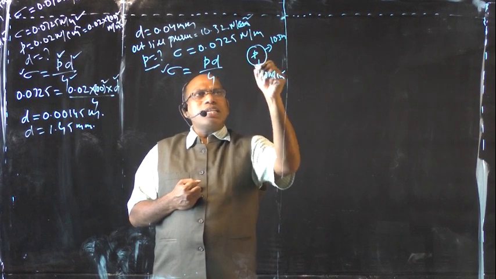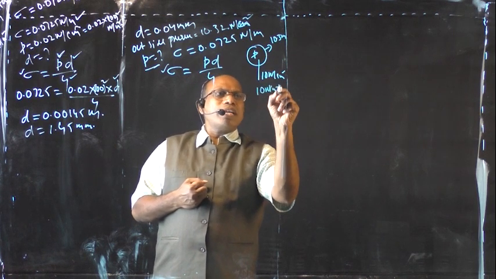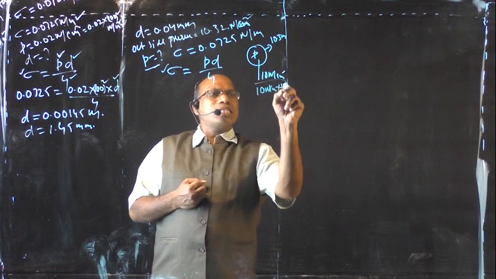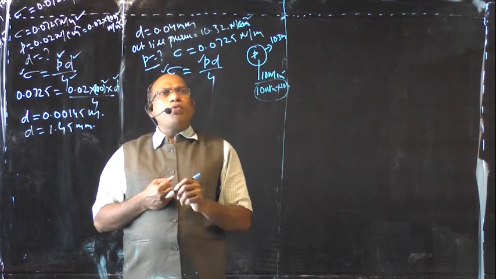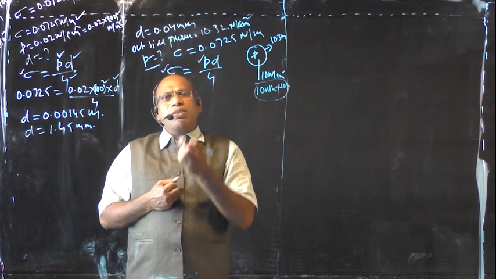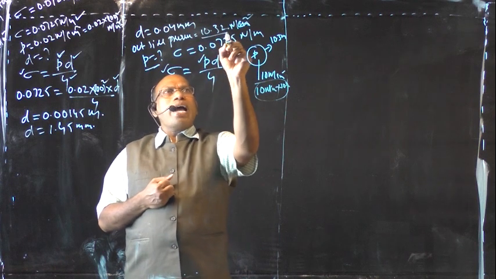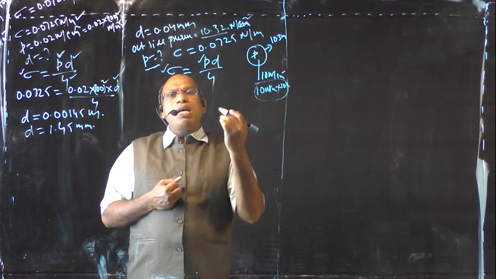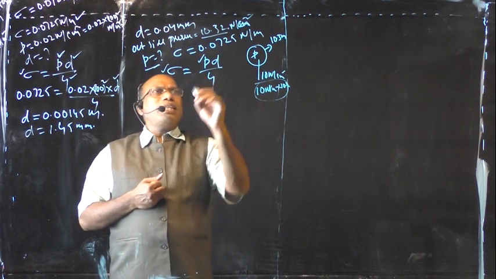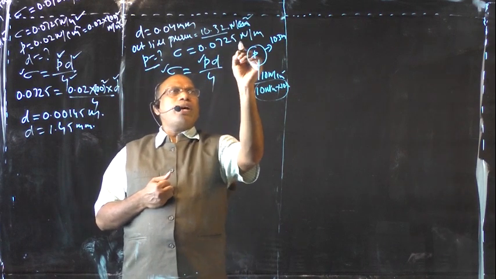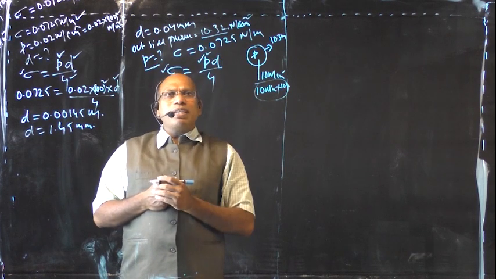This pressure is nothing but, now we are going to determine the pressure inside the water droplet, then we add the outside pressure to it. Finally we have the pressure inside the water droplet. Sigma is given, equal to 0.0725 Newton per meter. P is unknown, this we are going to determine here.